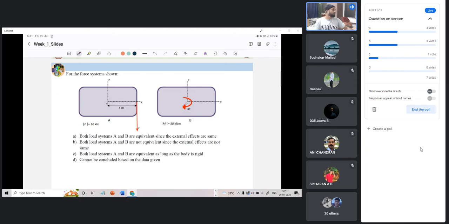Okay, I can see about 6-7 people have taken the votes. I would urge everybody to take the poll. Rakesh, you have written B, that's fine. On the right side, you can see the activities. There you can actually take the poll. You can enter the answer there.